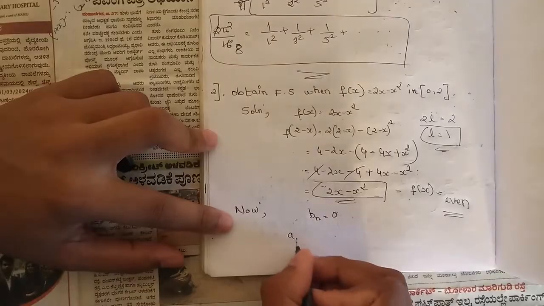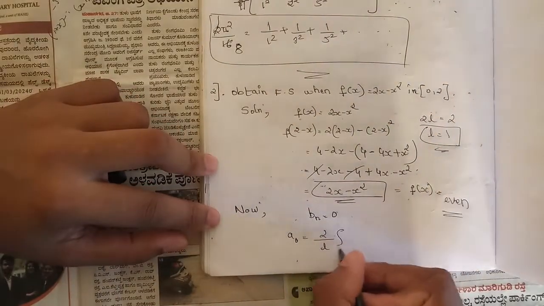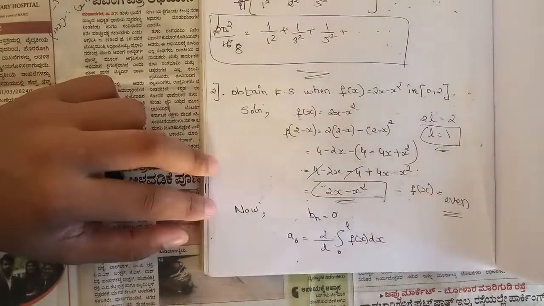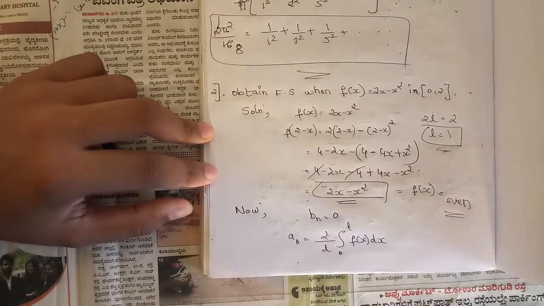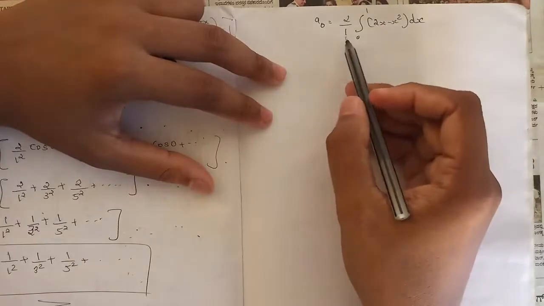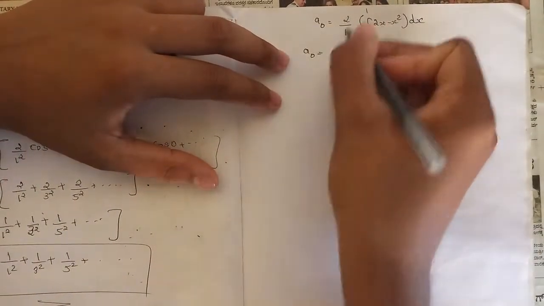We need to find the value of a0. The formula for a0 is 2 by L, integral from 0 to L of f of x dx. So this is the formula for a0. So now we'll find the value of a0. I have substituted the value of L, 0 to 1 f of x dx, 2 by 1 is 2.